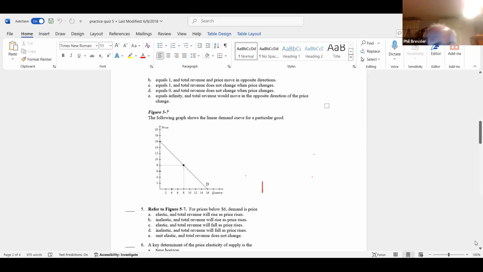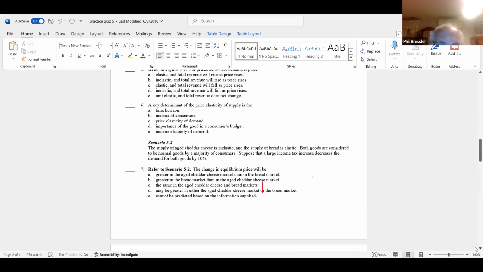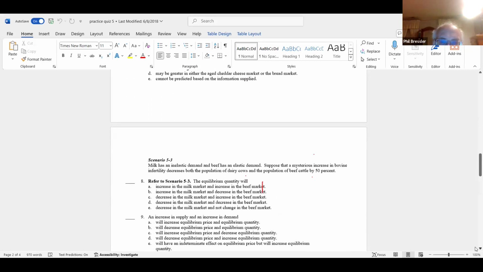And by the way, scenario 8, I think it's question 8. Question 8, that scenario is going to be on too. Okay. This one, however, is a supply shift. But it's going to be the same supply shift for milk as it would be for beef.